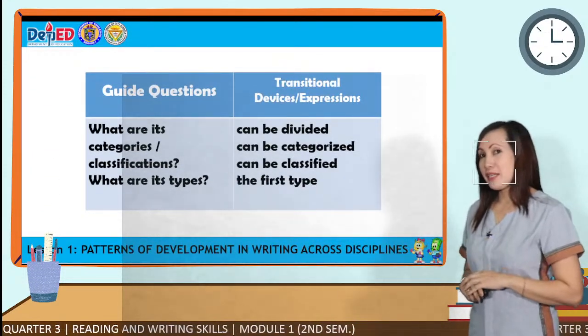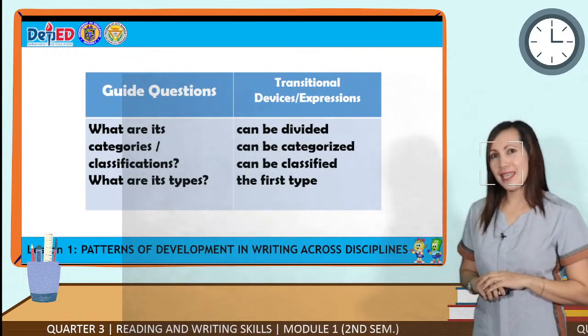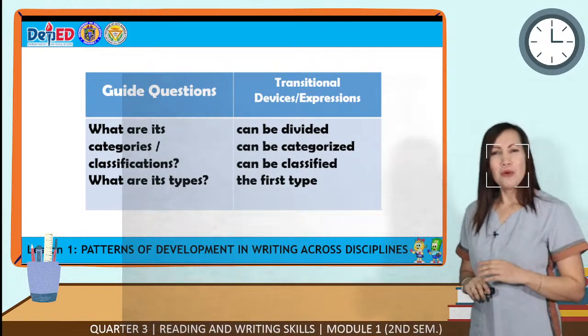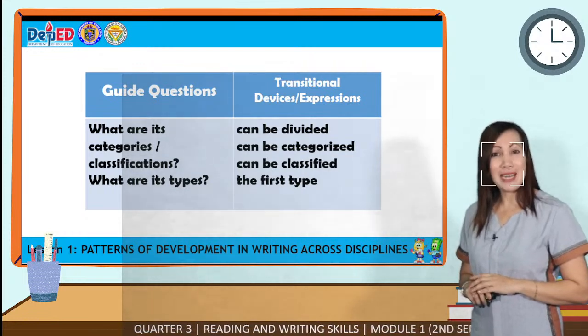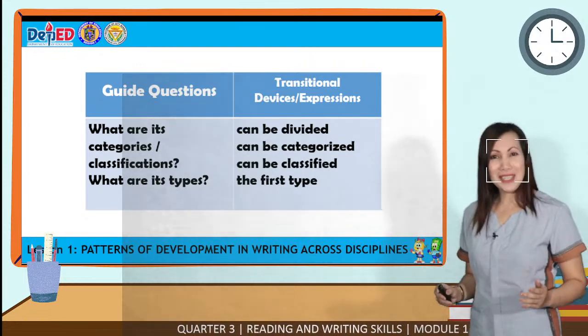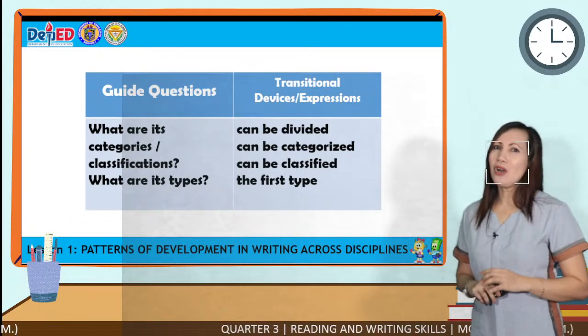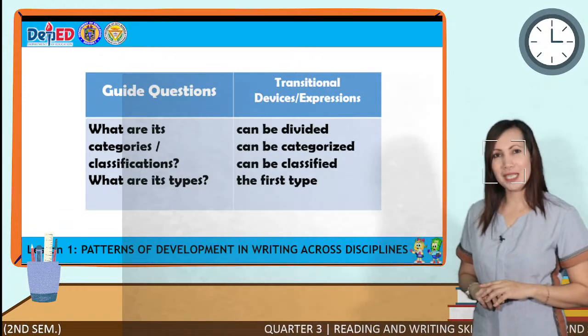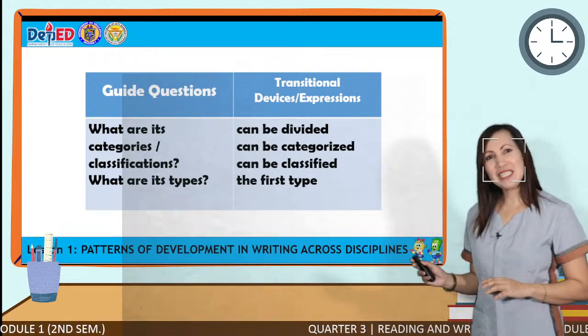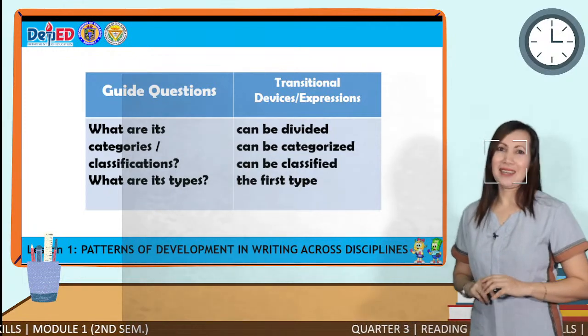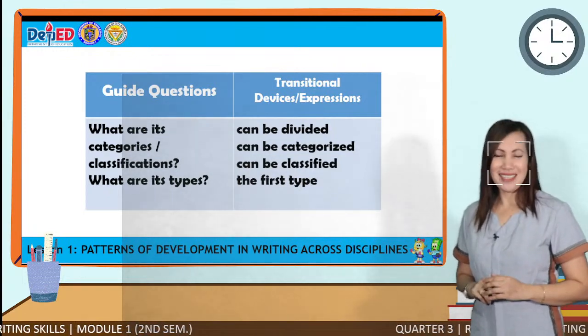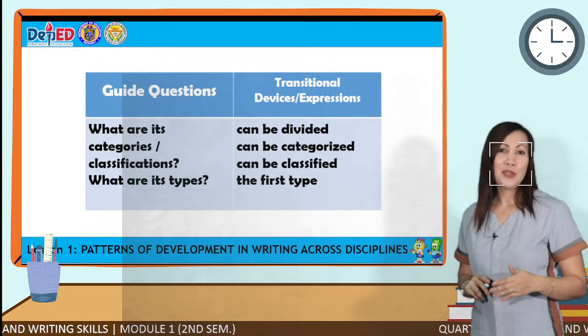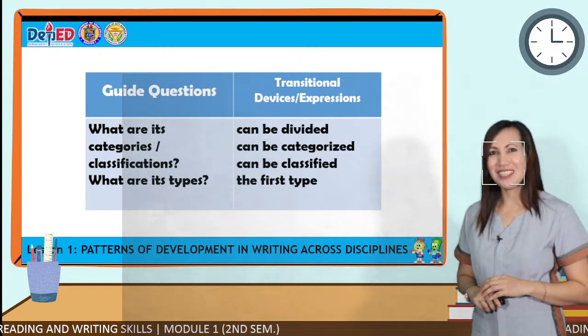You may consider these guide questions in writing a classification paragraph. What are its categories or classifications? What are its types? And you can also use these transitional devices or expressions. Can be divided, can be categorized, can be classified. The first, second, third type, and a lot more.